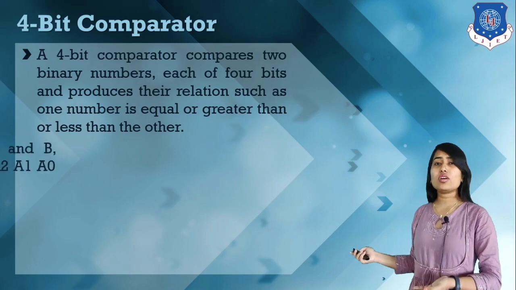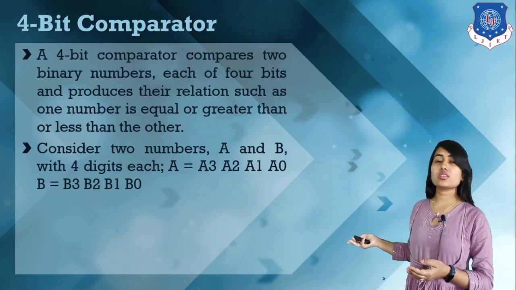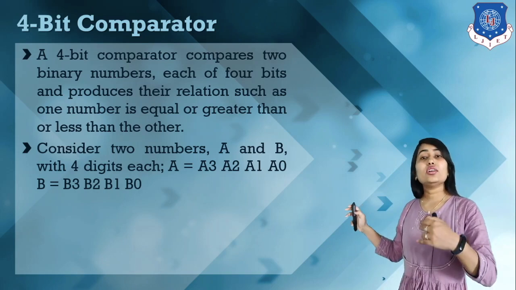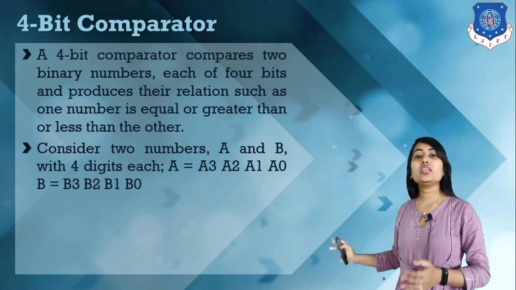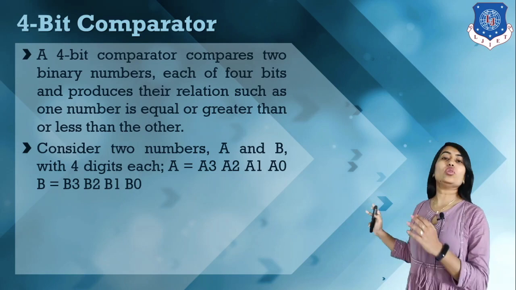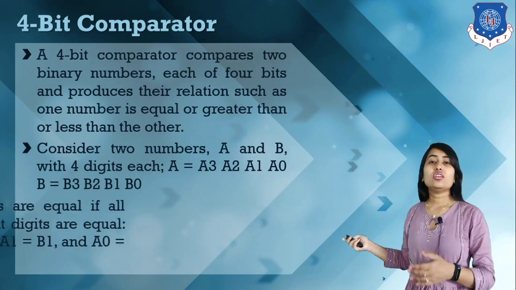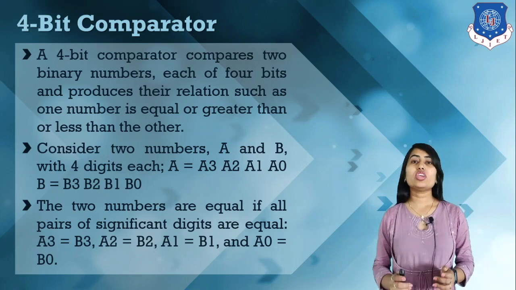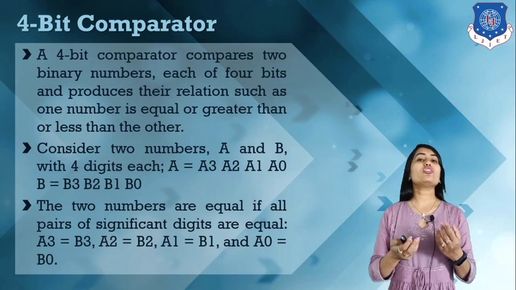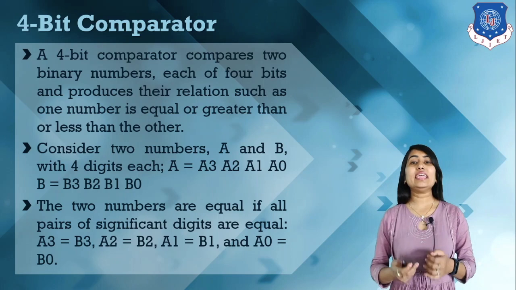If we have these two numbers A and B, A is represented as A3, A2, A1, A0, and B is represented as B3, B2, B1, B0. So here we can compare the 4-bit numbers, and then we have equations for A less than B, A greater than B, or A equals B.